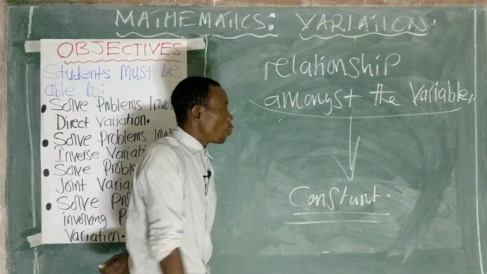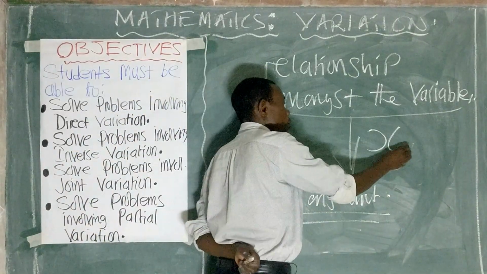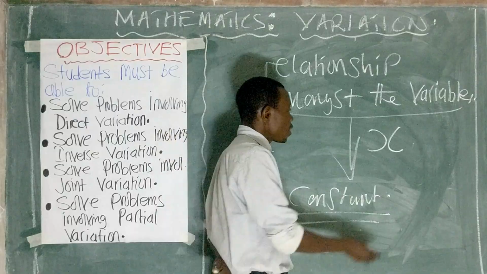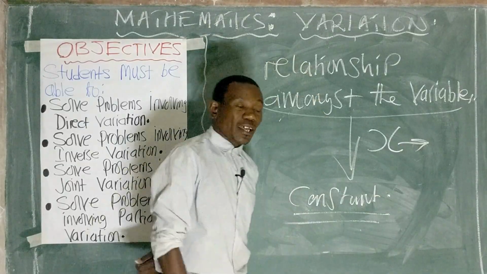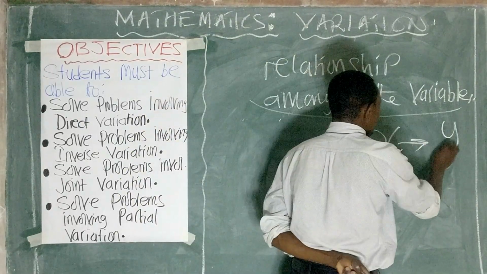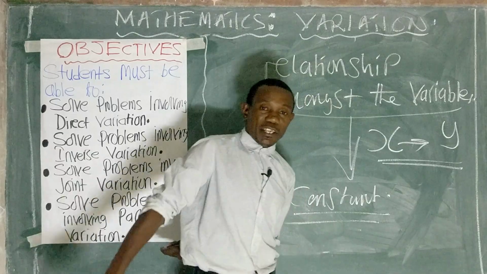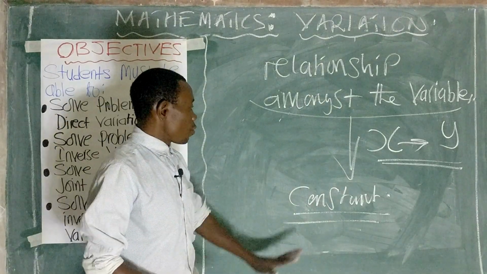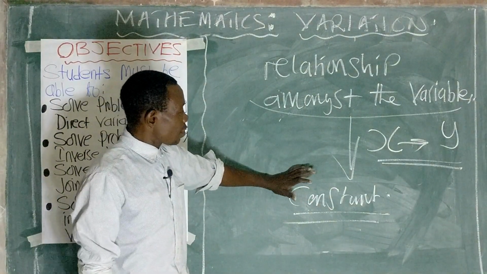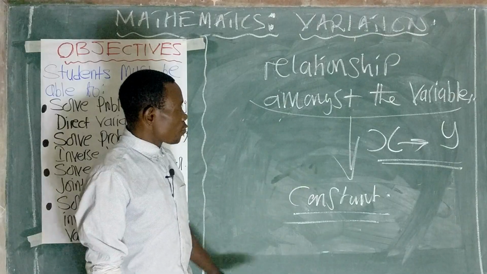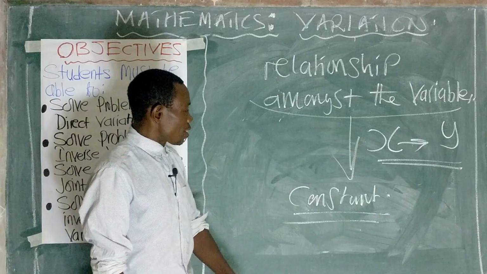Right, so if I'm talking of the change in X, variable X, as X changes, that has an effect on the other variable Y, the change is based on a particular what? Constant. That's the thing.